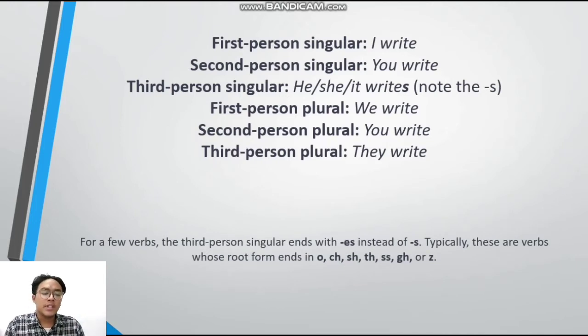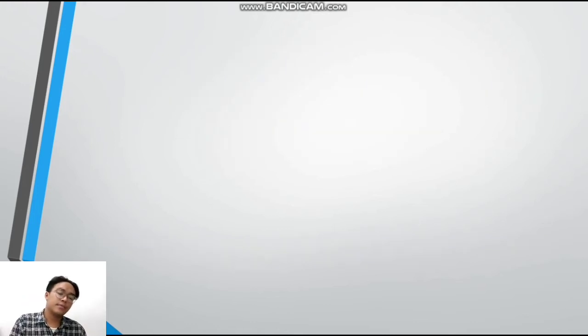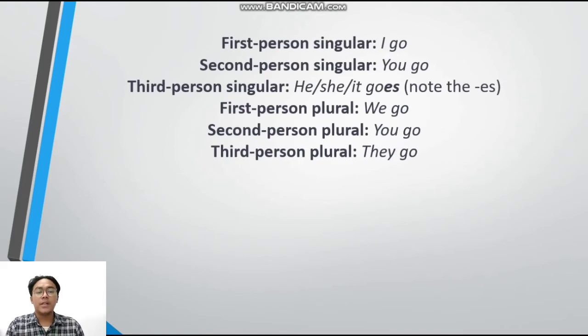For a few verbs, the third person singular ends with es instead of s. Typically, these are verbs whose root form ends in o, ch, sh, th, ss, gh, or z. In the first person singular, it's just I go. The second person singular is you go.